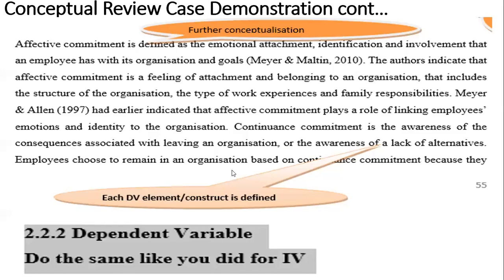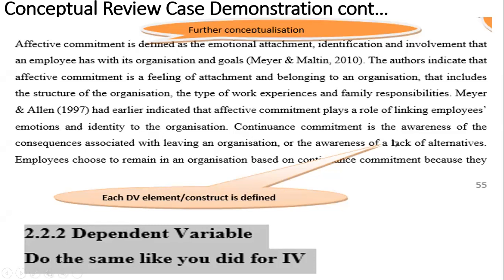So this is what we are looking for in a paragraph of your conceptual review, as you can see in this paragraph sample. This is a continuation of the sample. You can see the different elements. Here we have highlighted that each DV element or construct is also defined. And as you read, you will see that the elements or the measures of each element are also mentioned. When you don't do this, you cannot draw a meaningful conceptual framework.